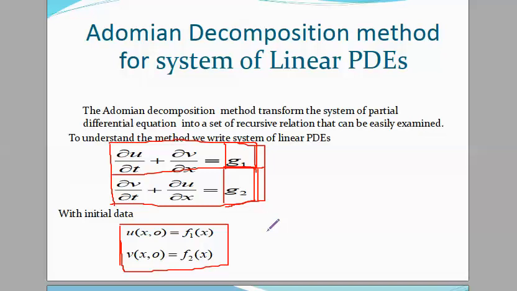One is u and the second unknown is v, and u depends on x and t, and similarly the second unknown v also depends on the variables x and t, and the initial boundary conditions are also given for these partial differential equations.